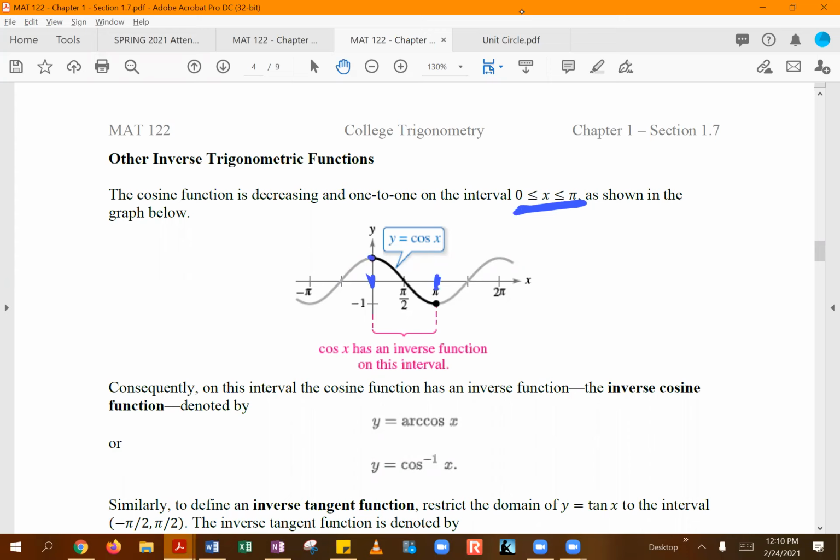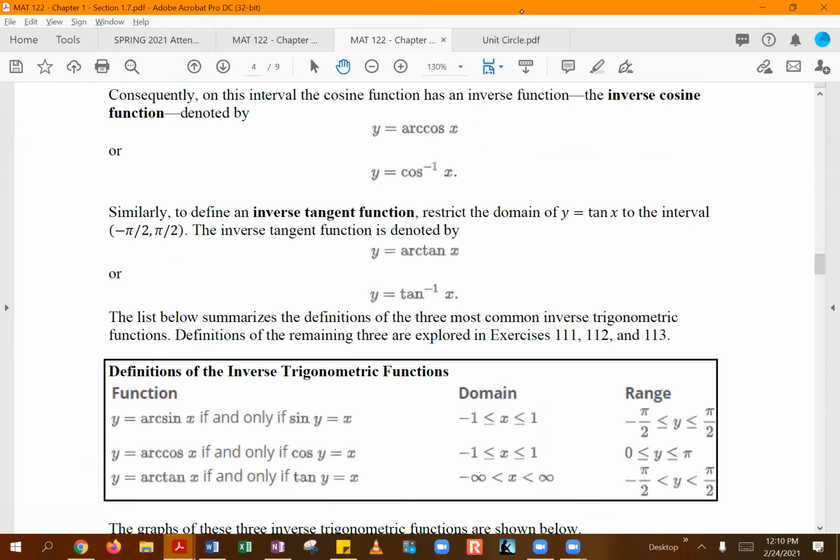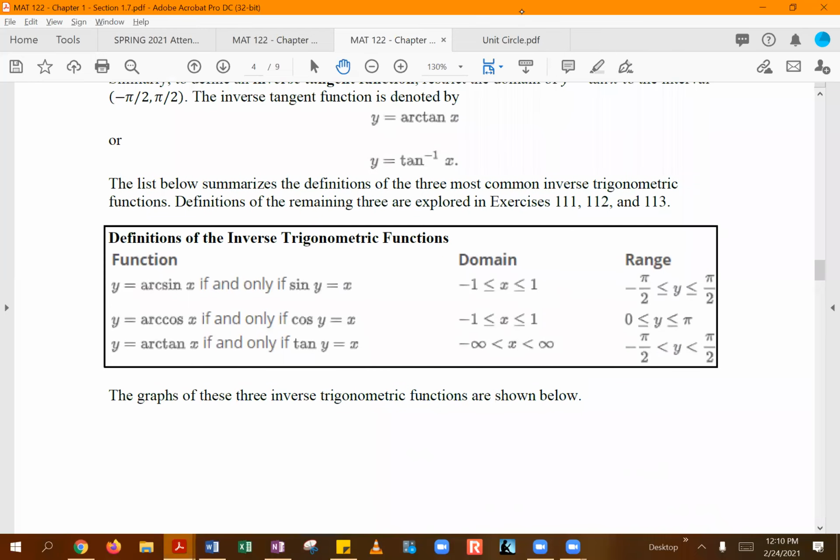Again, you will see your maximum value is +1, minimum value is -1. So for your arc cosine function, your domain is going to be restricted between -1 and +1, just like we saw with the arc sine function. You can see how arc sine and arc cosine will have the same domain values.